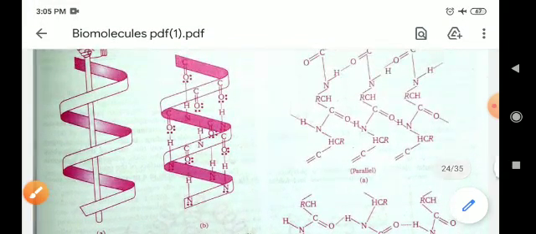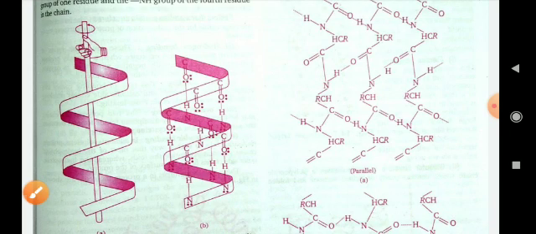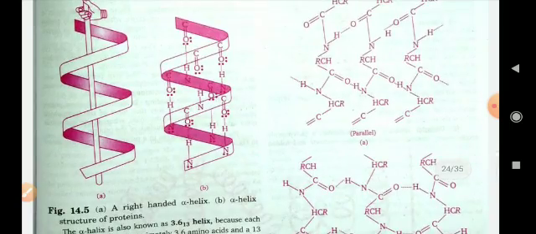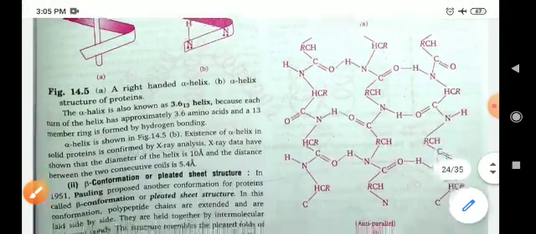In this alpha helix structure of protein, there is hydrogen bonding between the carbon-oxygen (CO) and the hydrogen, which forms a twisted structure, basically known as the alpha helix structure of secondary protein.